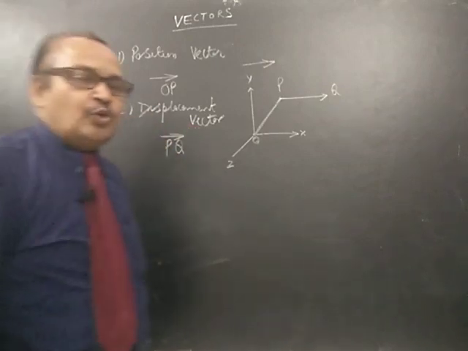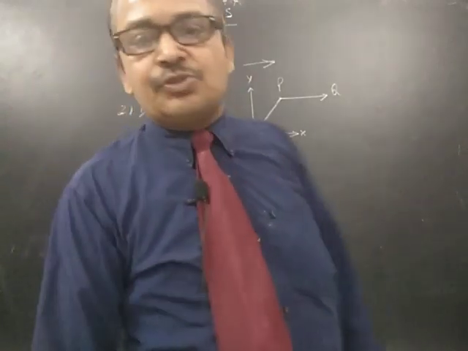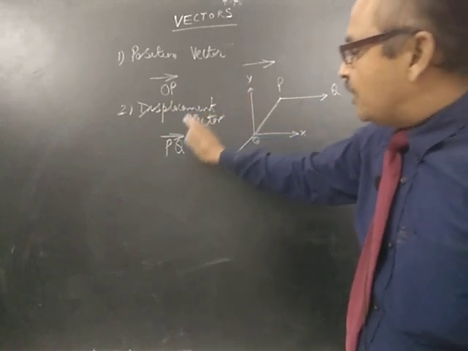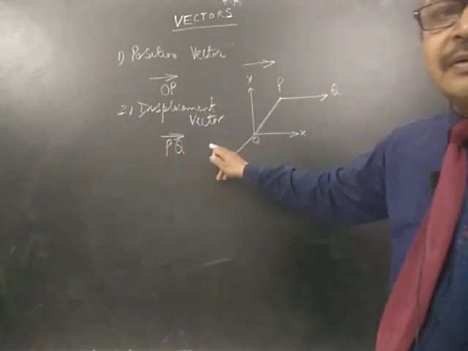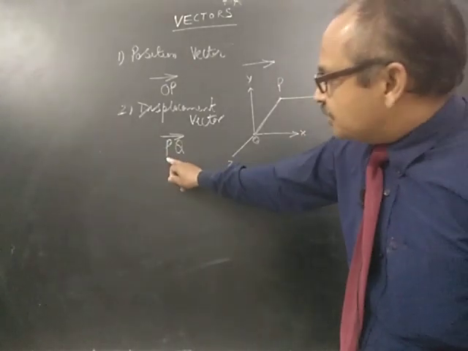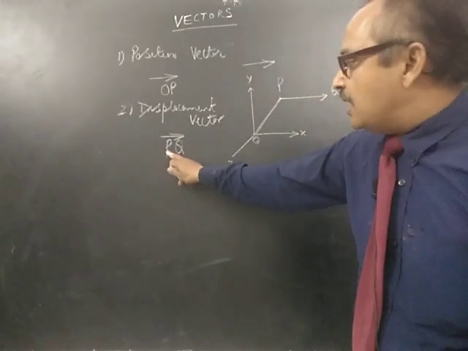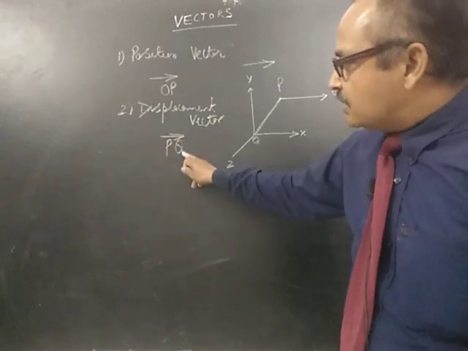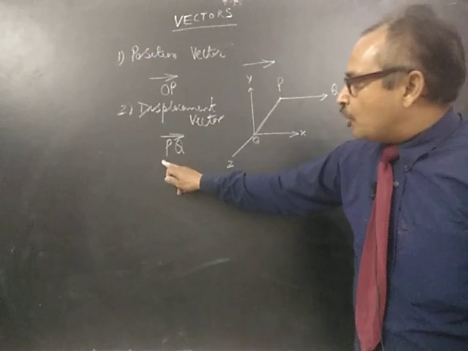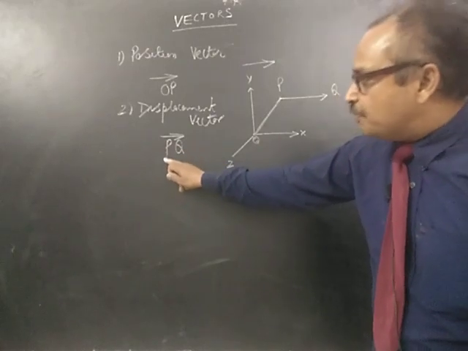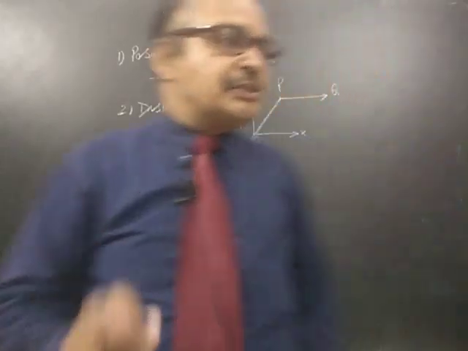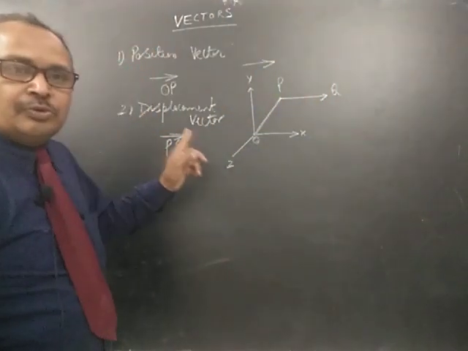And as I have told you in the beginning also, my dear friends, whenever we write a vector with an arrowhead, it is clear that this P is the initial point and this Q is the final point. That means the body is displaced from P to Q.